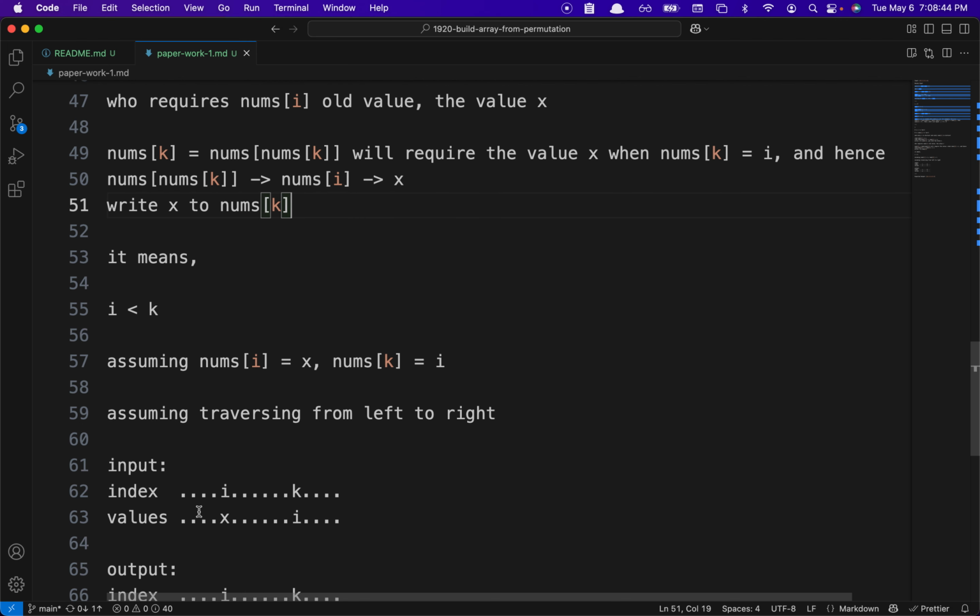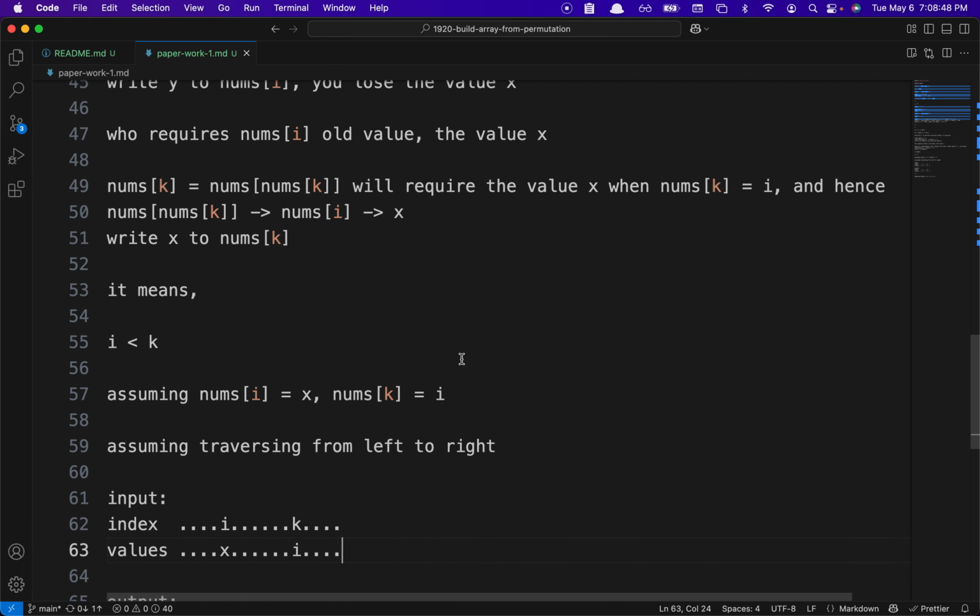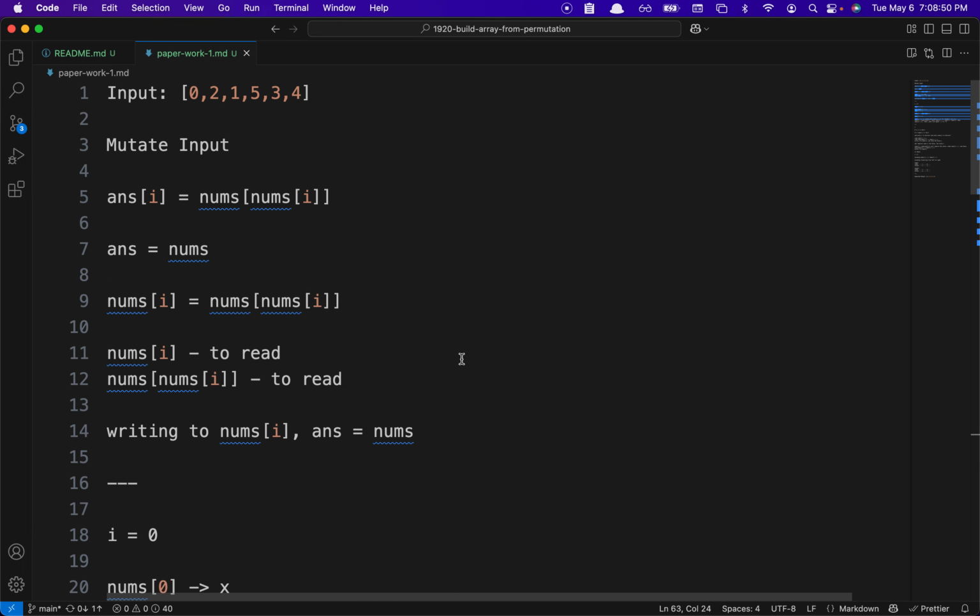So we need to look at all the values and see who has the value k equal to i. Like in this example, we say 0 to 1, so 0.